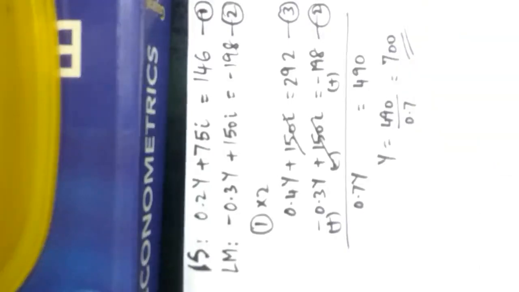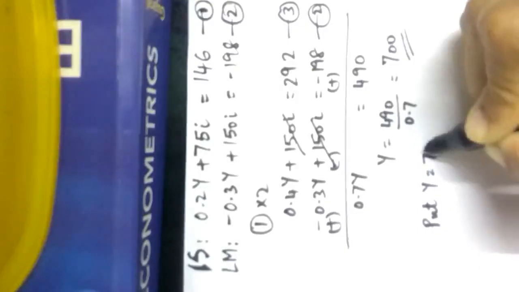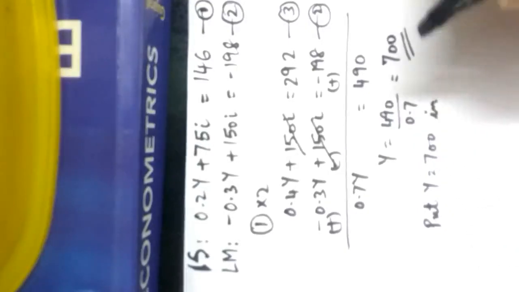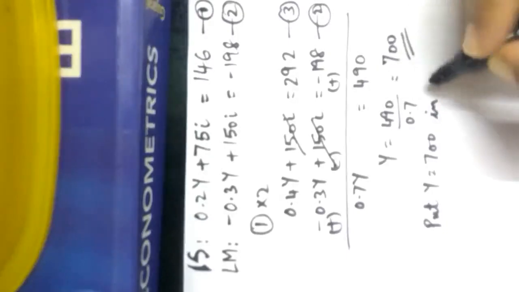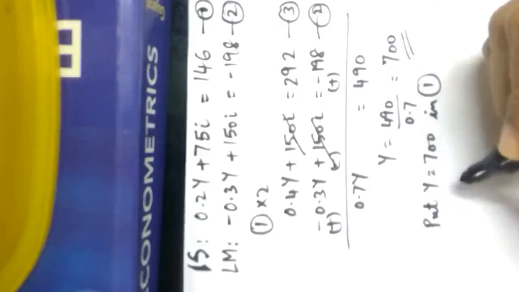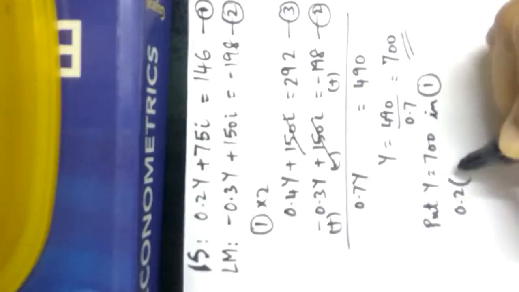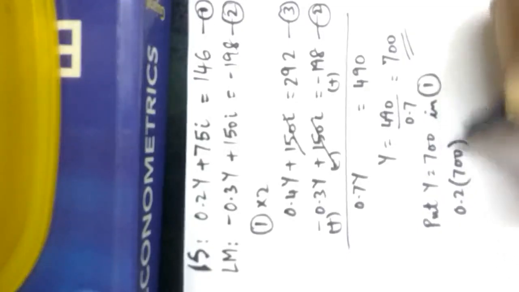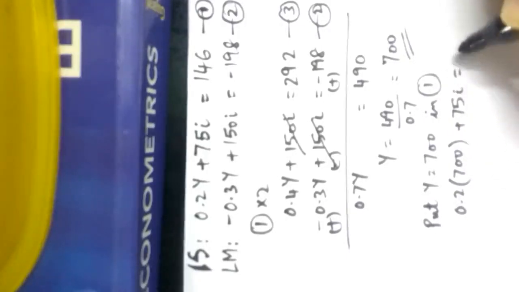Now to find i, as usual, put Y equals 700 in either one of the equations 1, 2 or 3. I'm going to put it in equation 1, since it seems to be the simplest. So I've got 0.2 times 700 plus 75i is equal to 146.